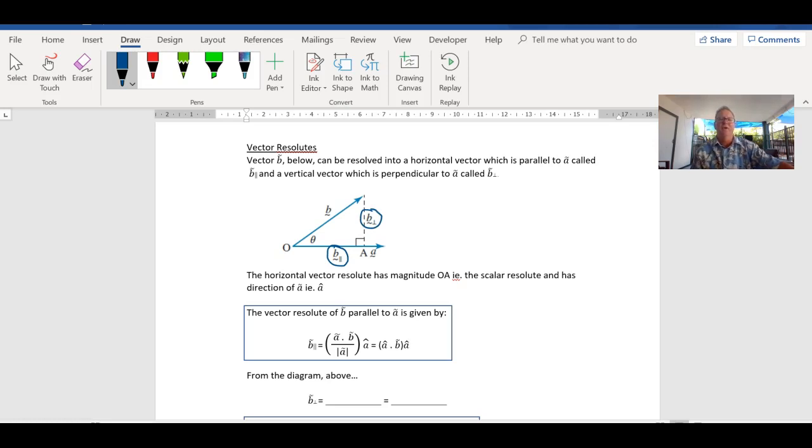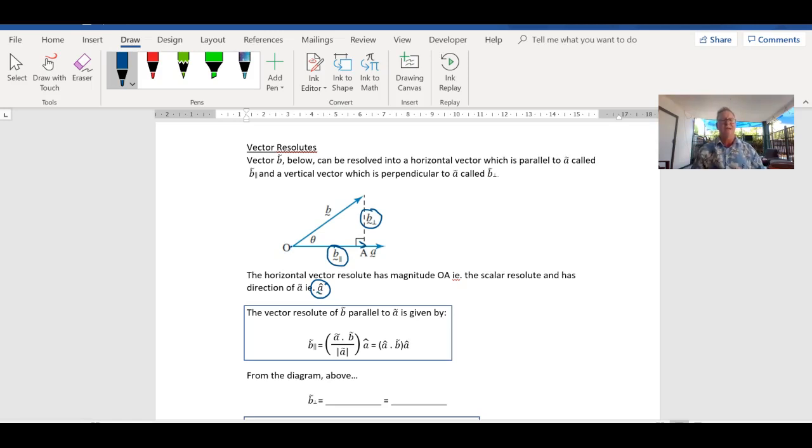So we talked about the horizontal vector resolute and the vertical vector resolute. The horizontal vector resolute has the magnitude of OA. So this vector B goes from O to the point, sorry, to the big letter A. This is the scalar resolute and has a direction of A, which we know is vector A divided by its magnitude.